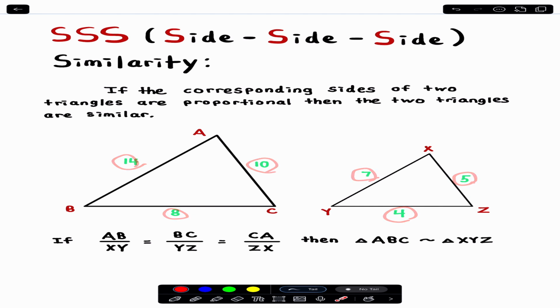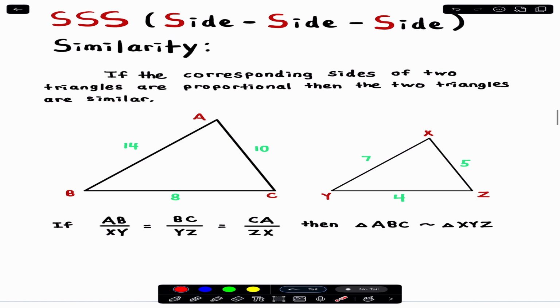And if the corresponding sides of these two triangles are proportional, then the two triangles are similar. Basically, if you take AB, which is 14, and you divide that by XY, which is 7, you get 2. If you take BC, divide that by YZ, that's 8 over 4, that's also 2.